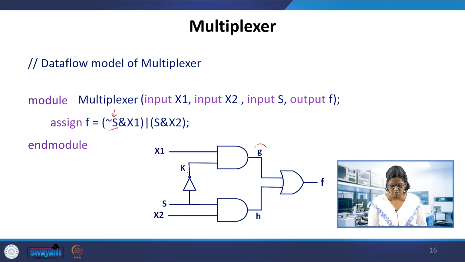So this is a function in the assign statement, and we have only one simple statement compared to the structural one. S and x2 gives H, and this whole thing gives G. The OR function applied on G and H gives F. So assign F equal to this, in the case of data flow.